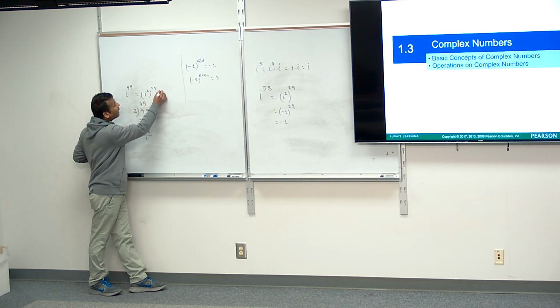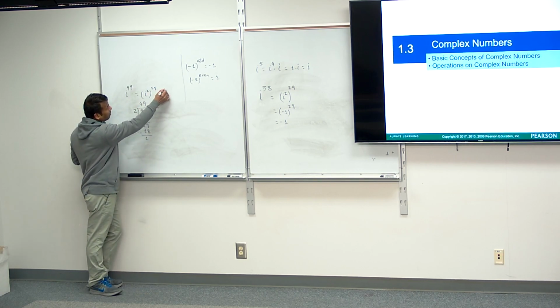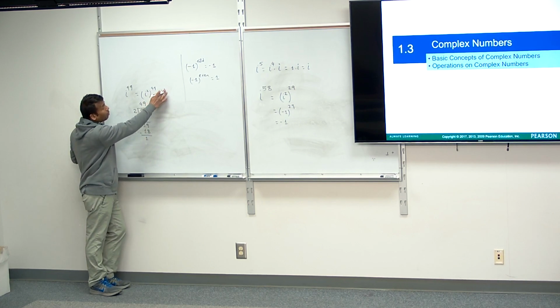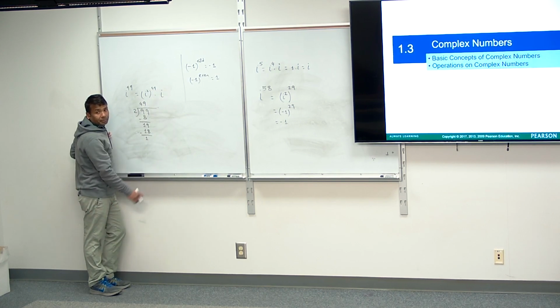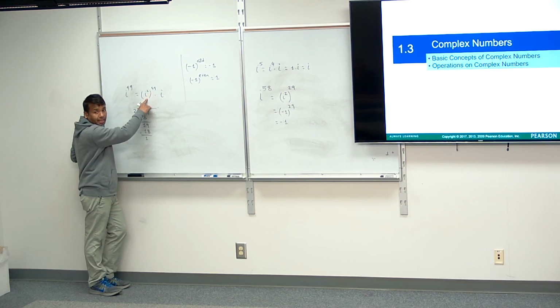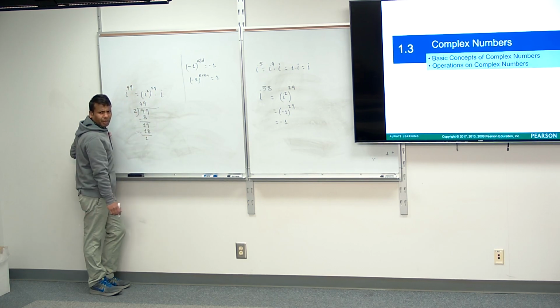Times i to the power 1, which is, you know, i to the power 1 is what? i. Makes sense? 2 times 49 is 98. i to the power 98 times i is i to the power 99. Right?